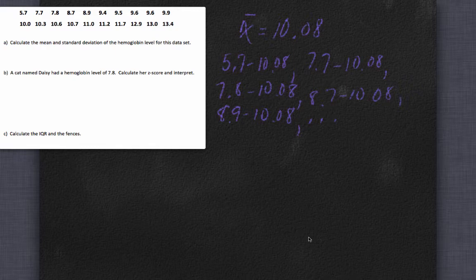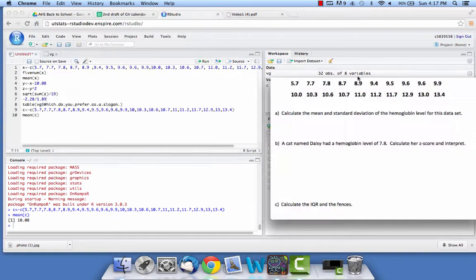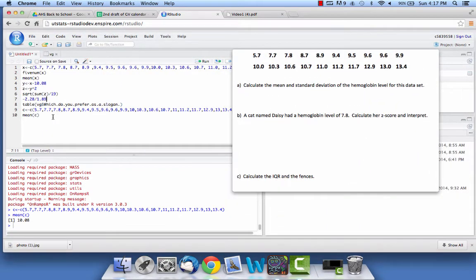But for this one, what we would do is take each and every one and subtract 10.08. So I'm going to do that here quickly in our studio, but again, you have to be able to do it. So I'm going to call this the deviation. D for deviation is going to be C minus 10.08.